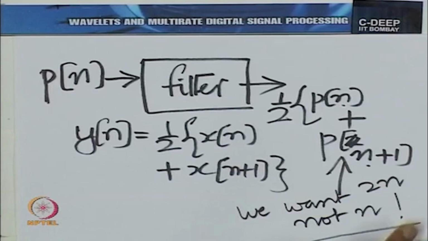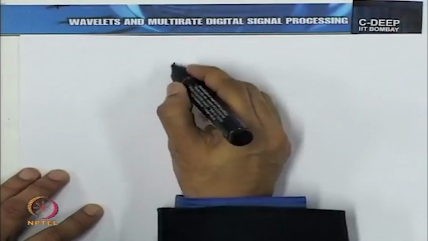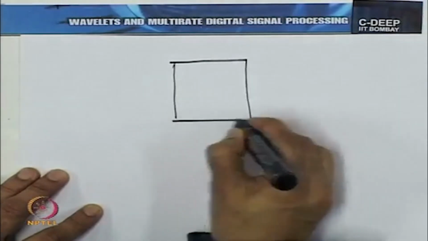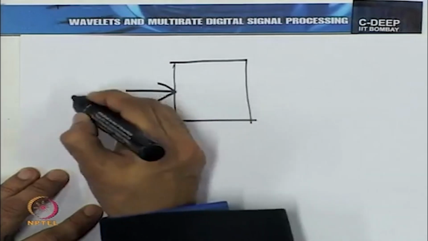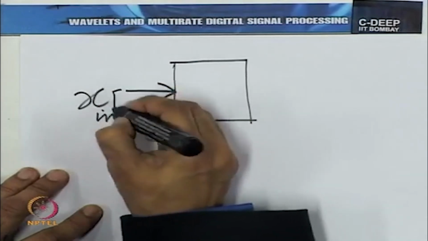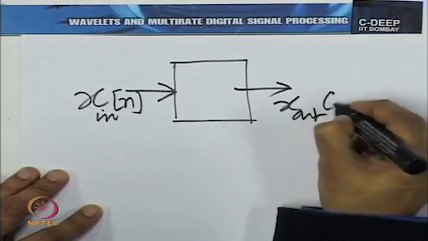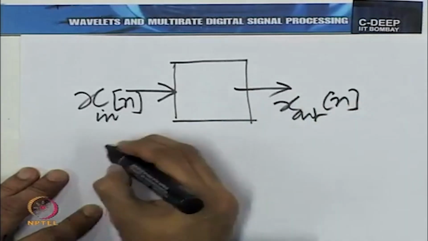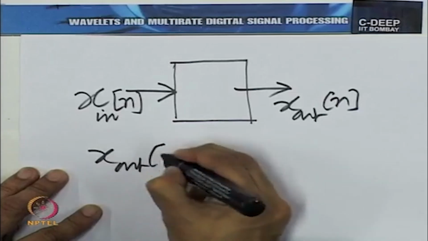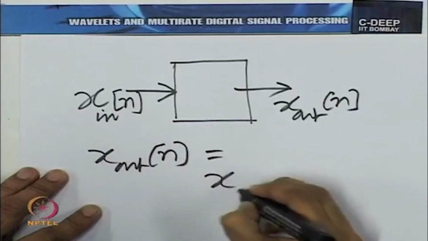So, what should we do? We should have another system now following this, where we put x in and get x out, where x out of n is x in of 2n.